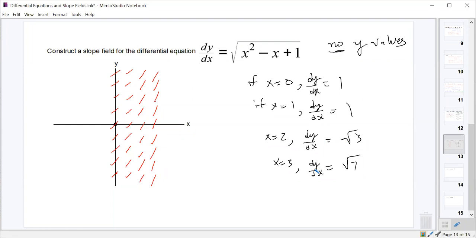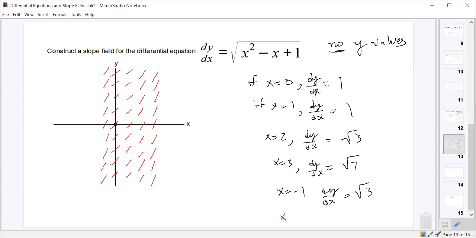What about if we go to the left? What if x is -1? What's dy/dx? Root 3, right? A little bit steeper than each of those was.